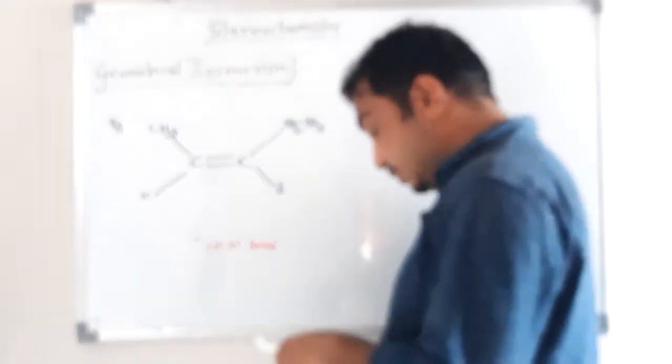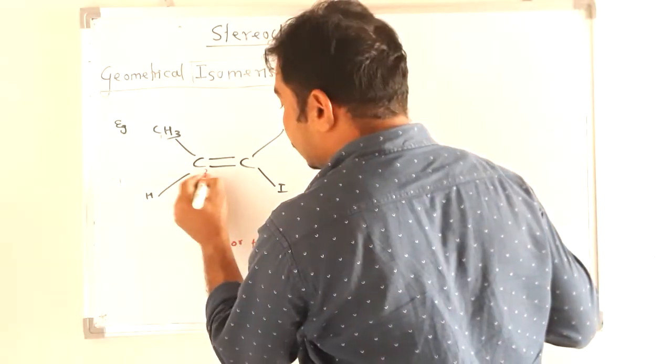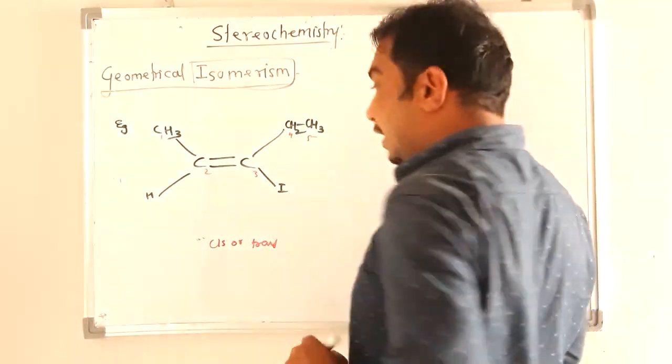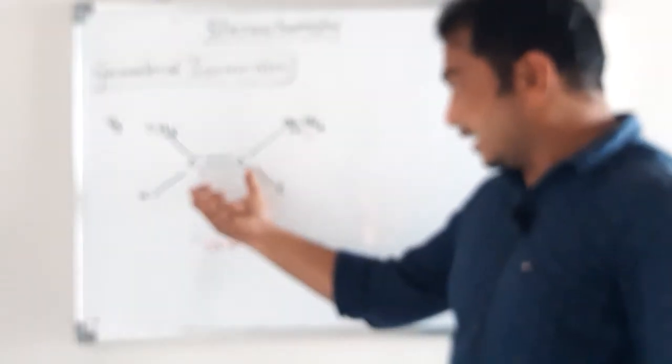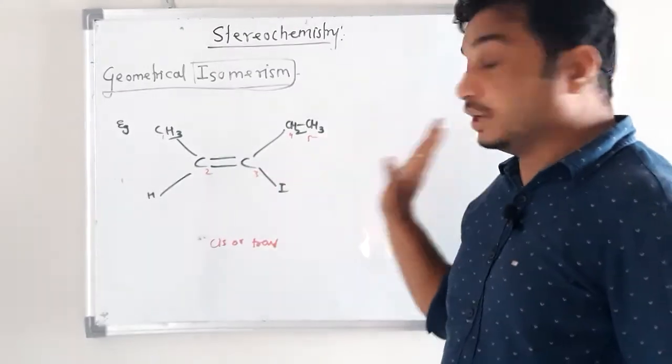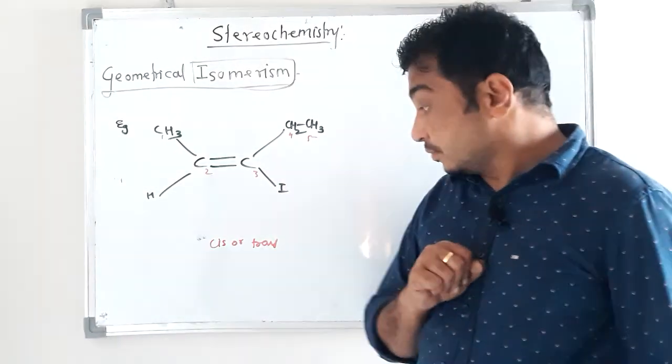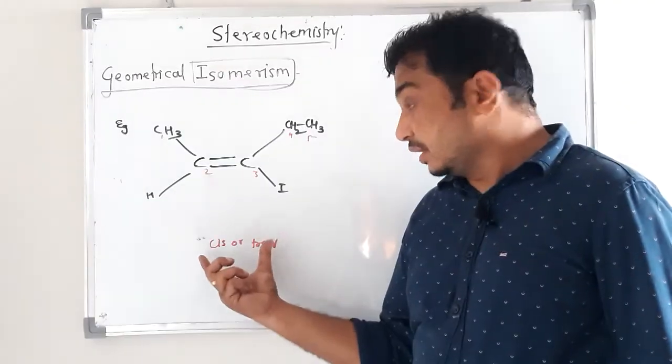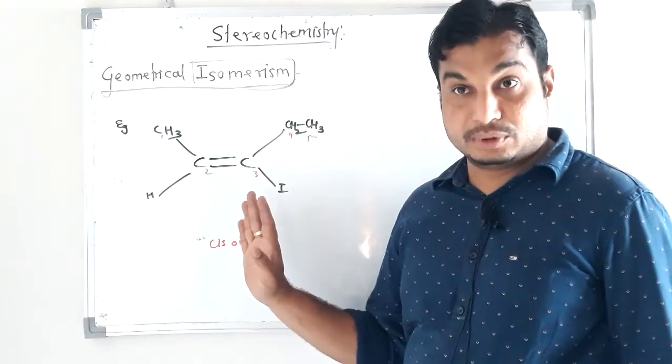See, in this carbon number 1, 2, 3, 4, 5, carbon number 2, the carbon atom of the double bond, has two groups which are different. CH3 is not equal to hydrogen, but these same two groups are not present on carbon number 3. Then how can we identify whether it is cis or trans? Then it is not possible.